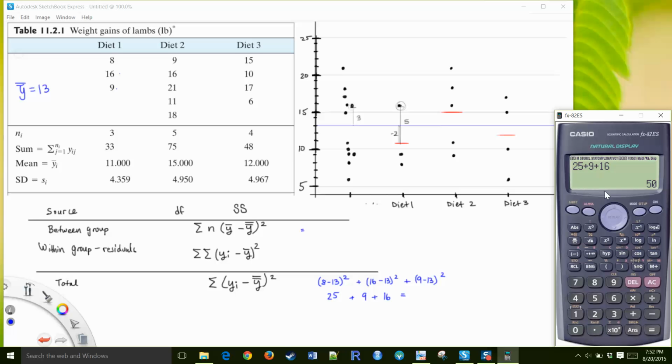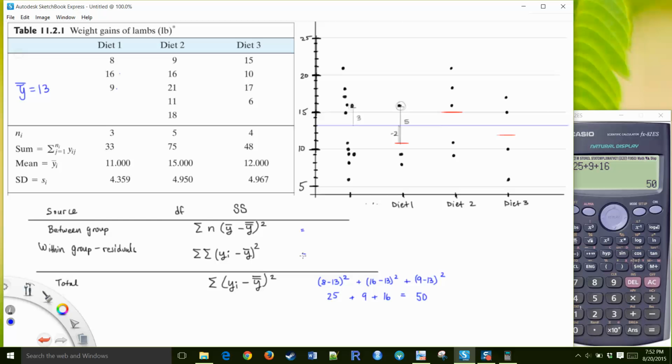Okay, so 8 minus 11 is 3, 3 squared is 9, 16 minus 11 is 5, 5 squared is 25, and 9 minus 11 is 2, 2 squared is 4. Okay, so I have 9 plus 25 plus 4, I have 38 here.